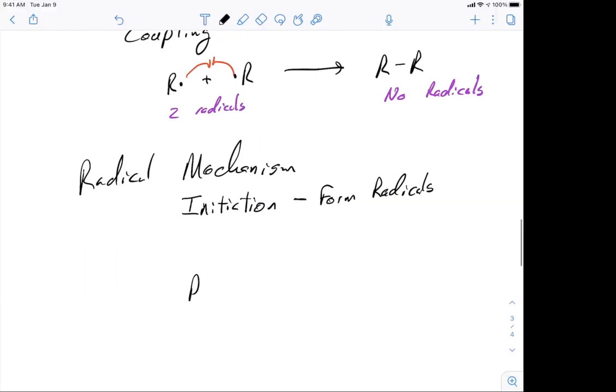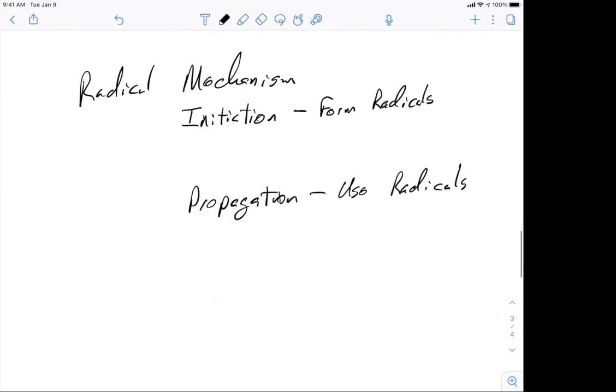You have a propagation, and I'll use radicals. The book has a more elegant way of saying this, but I think it's a paragraph long. And then propagation, use radicals, and then termination.